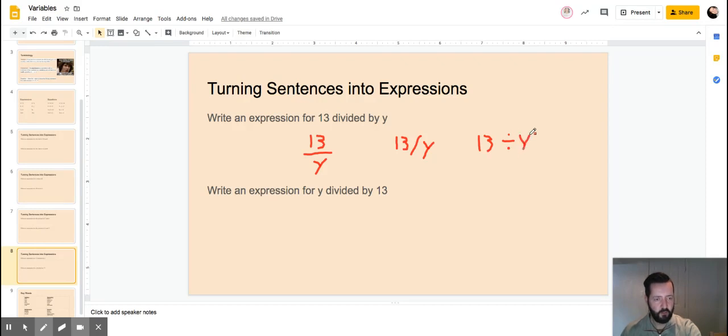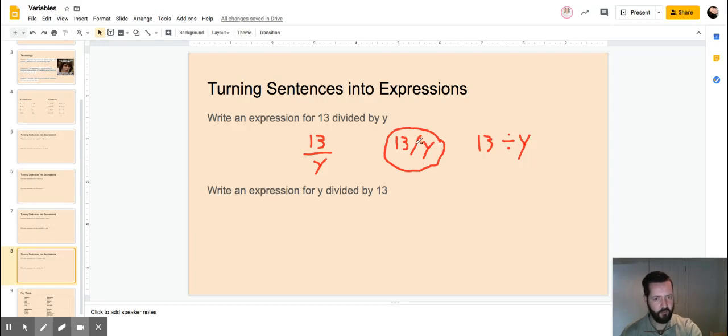Now, when you're doing your IXL assignment, it doesn't allow you to enter it in as the fraction form. And the last time I checked, our keyboard doesn't have the divide symbol either. So that leaves us with one option. When you're typing an answer like this into IXL, you're just going to want to enter in 13, and then you find the backslash, which shares the same key as the question mark.